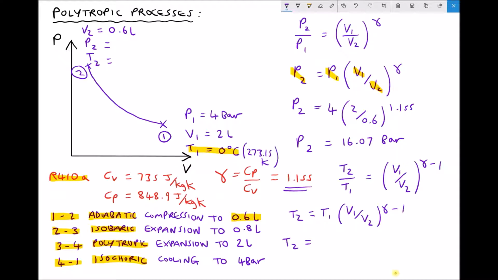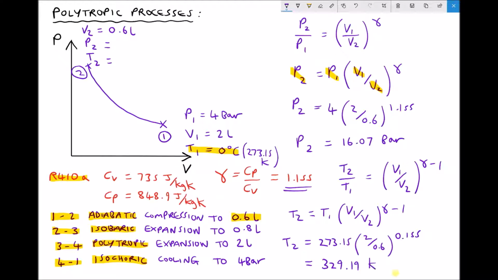So we have T2 equals 273.15, V1 over V2, so again 2 over 0.6, to the power of gamma minus 1. Well, gamma is 1.155, and 1.155 minus 1 is just 0.155, giving us a value of T2 equal to 329.19.